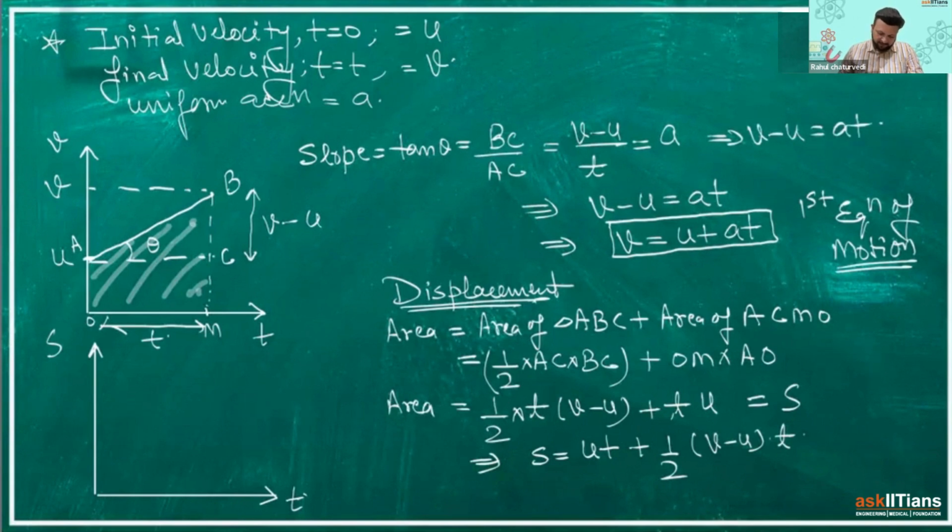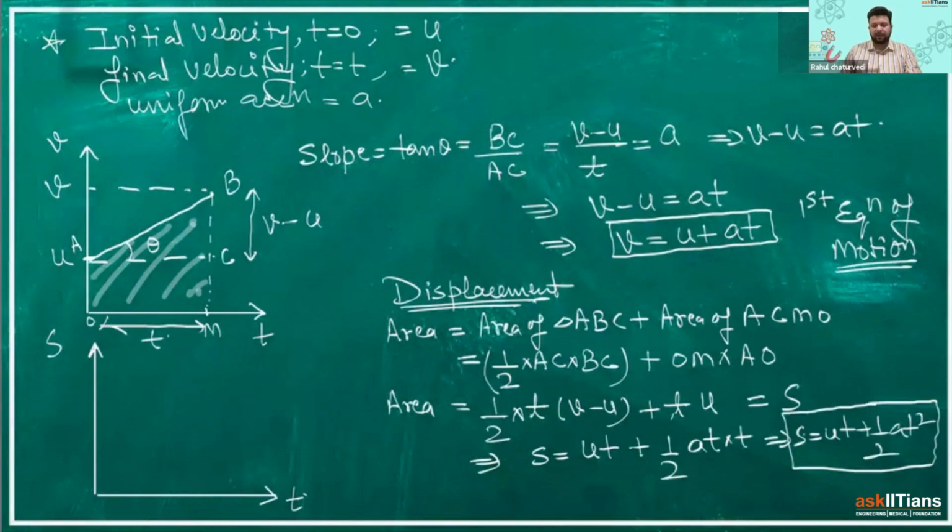So in place of V minus U, we can write AT, and now it is AT into T, so S is equal to UT plus half AT square. This is the second equation of motion we have proved graphically.